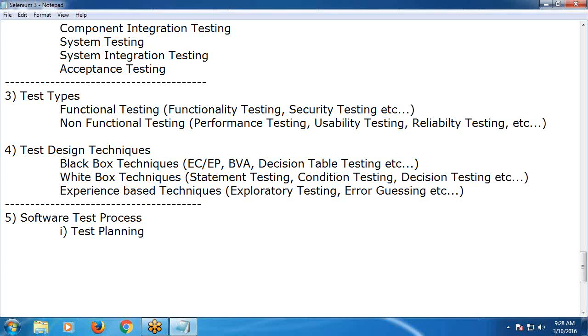That is informal testing, not formal, no formal process.